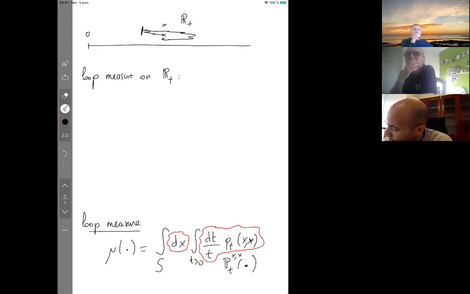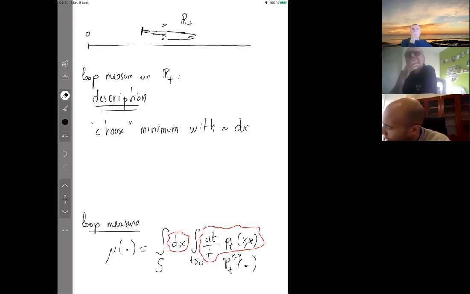Description of the loop measure: you will choose the minimum of my loop with Lebesgue measure.